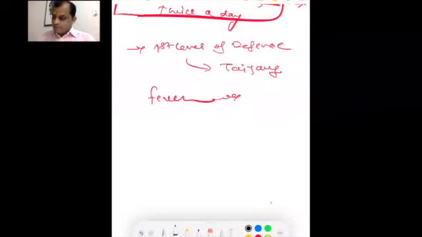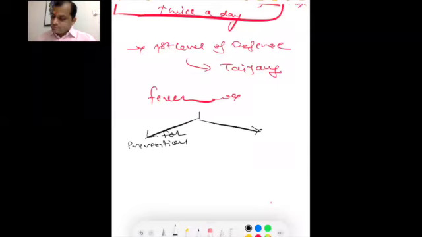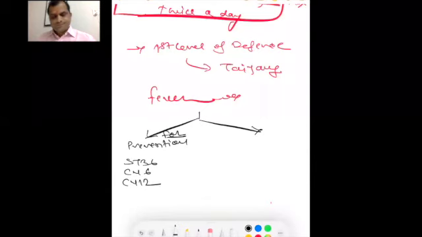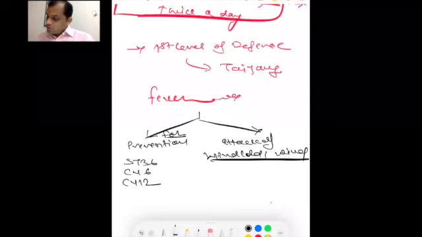So what is the fever? We can categorize in these two ways. Number one, prevention way, treatment for prevention. So I told you stomach 36, CV6 and CV12. Now, the attack of bind cold or bind heat is there and fever has started.